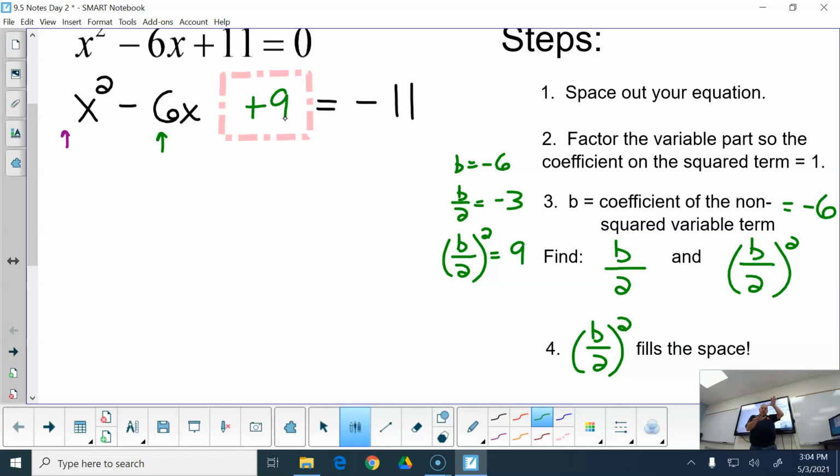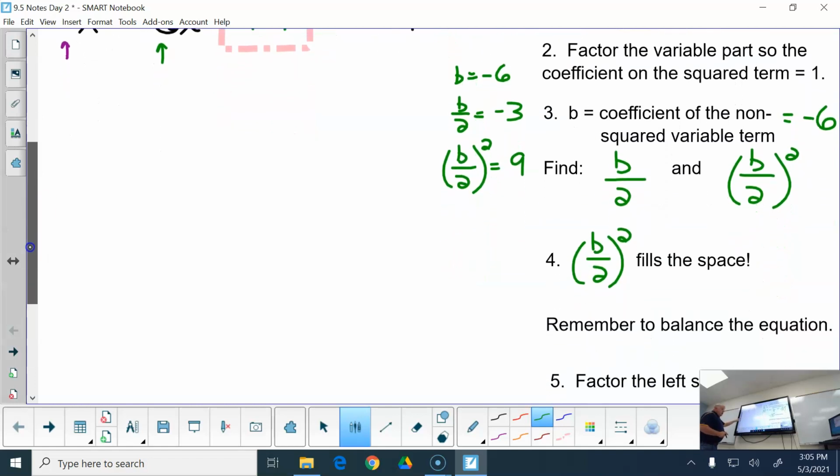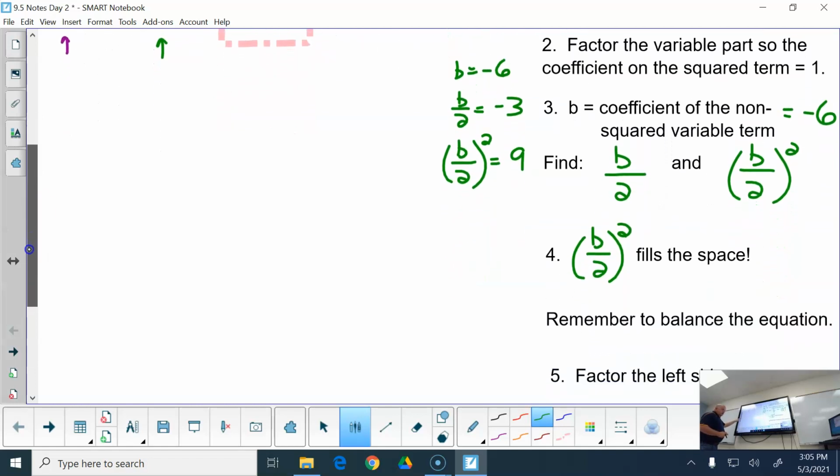So to make it be back into balance, to have that equation be equal, if I'm adding 9 inside of that pink box, I've got to add 9 to the other side to bring that equation back into balance. Okay? We want to always have balance with our equations. So we have to balance the equation, which we did.